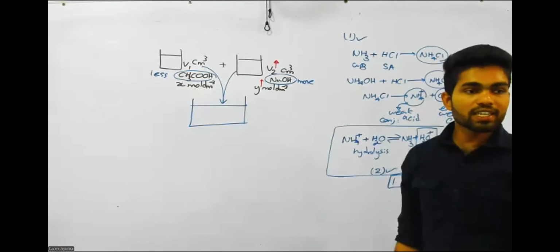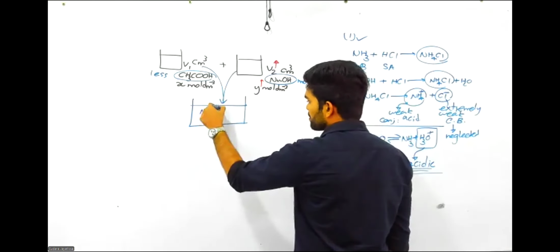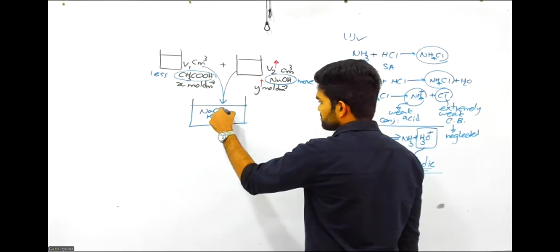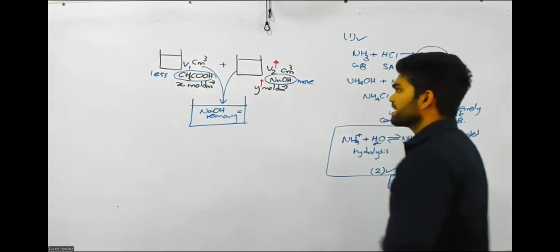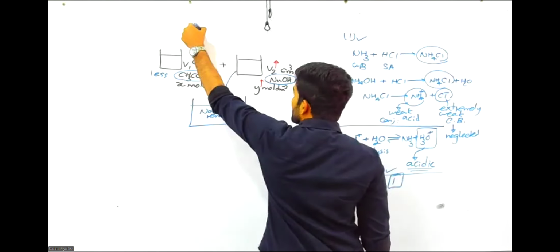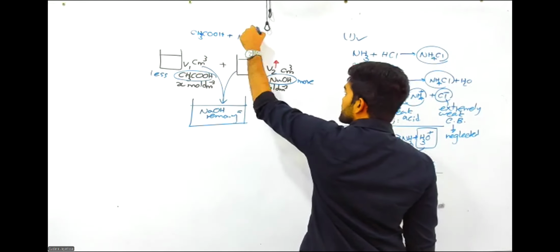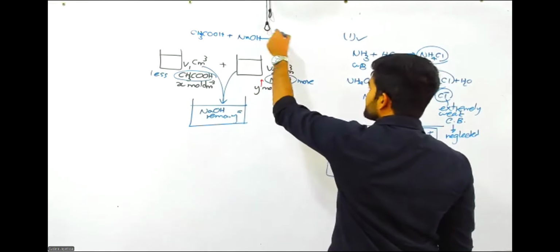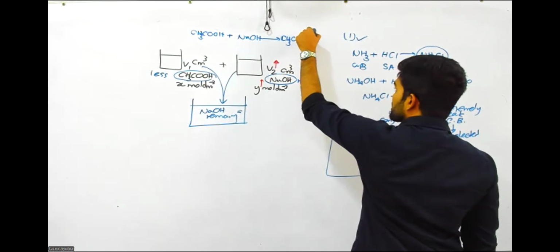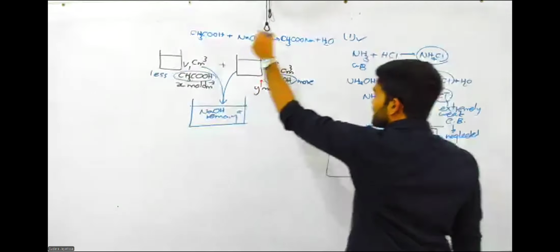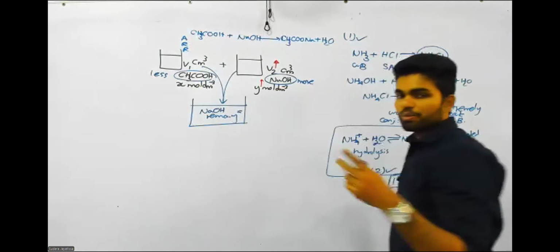Acetic acid will be fully consumed and there will be some amount of sodium hydroxide remaining. Acetic acid reacts with sodium hydroxide in 1:1 ratio to form sodium acetate. Simply, the remaining amount will be the difference. Right?